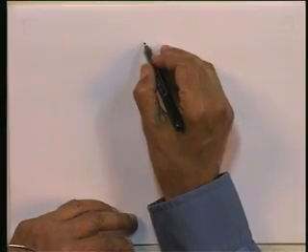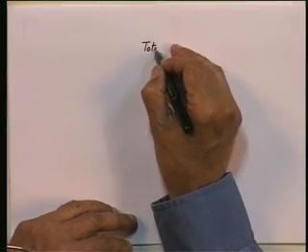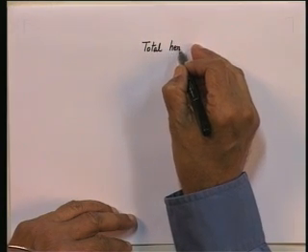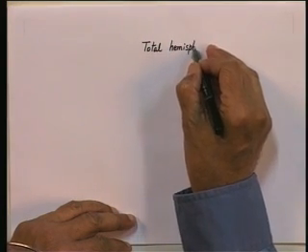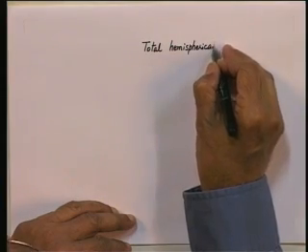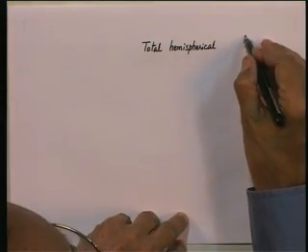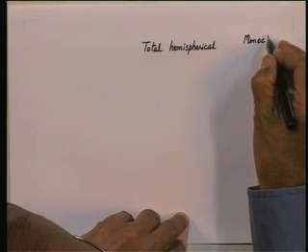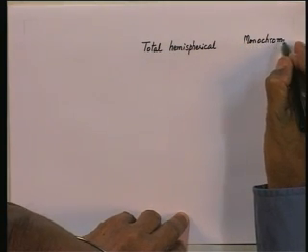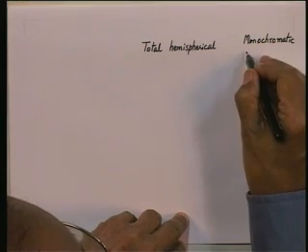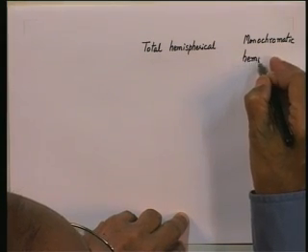Okay. Now, let me just put things together to recapitulate once more what we have said. We have now defined the following quantities. I am just repeating things a little. Let me make a table. So, I will say first total hemispherical, and monochromatic hemispherical. We have defined two types of quantities, total hemispherical and monochromatic hemispherical.